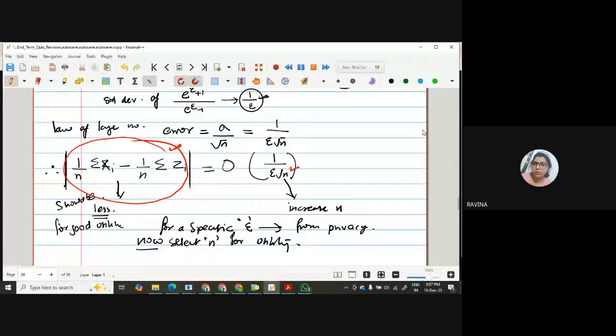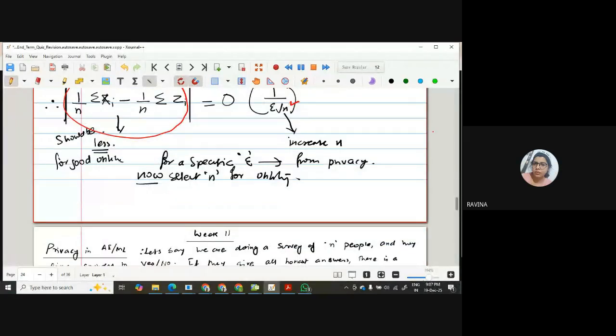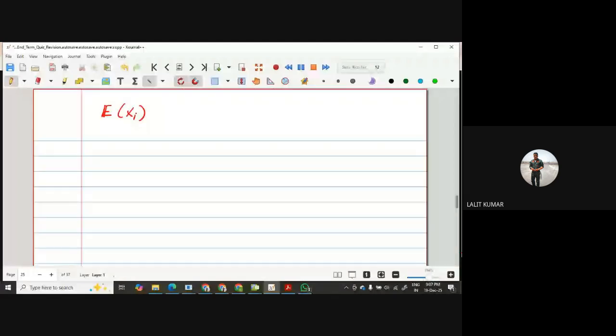Sir, if we increase the deviation, then it should imply that utility is also increased. No, no. See, what is the meaning of utility? Accuracy. I want to get an estimate of Xi, the correct answer.